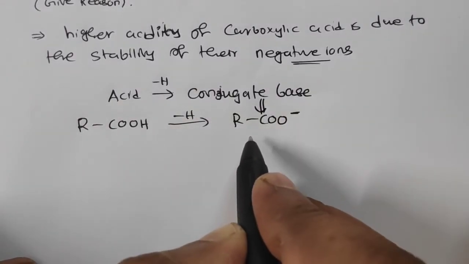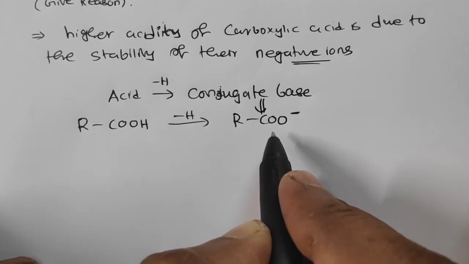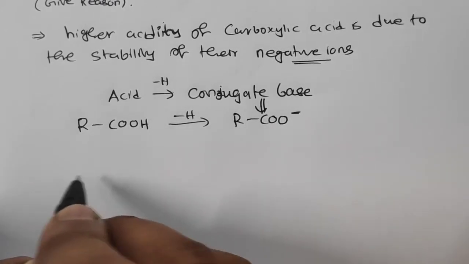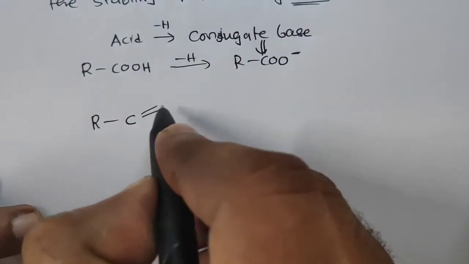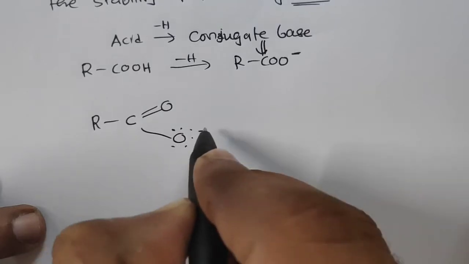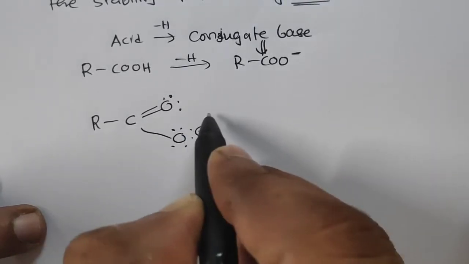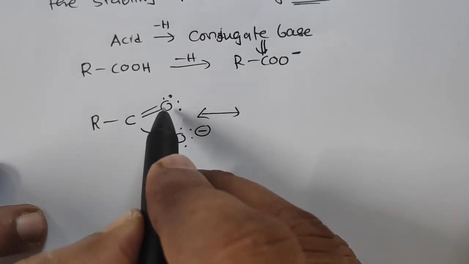Now with this conjugate base, we can understand why carboxylic acids are more acidic. For that I will write the resonance structure. If I draw it like this: R, C double bond O, dash O with 6 electrons, and a one minus charge here. Now to write the resonance structure, we show the transfer of electrons.